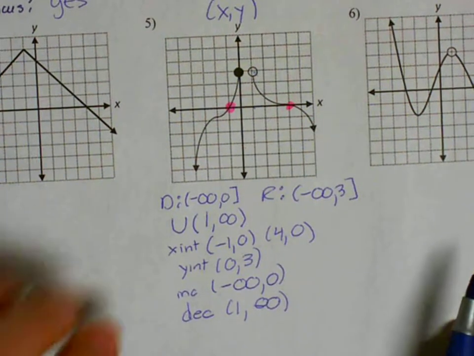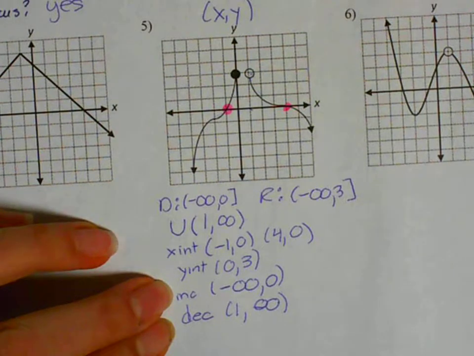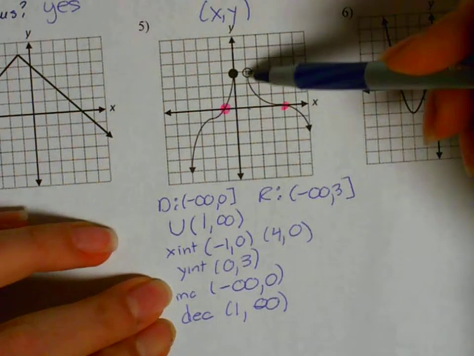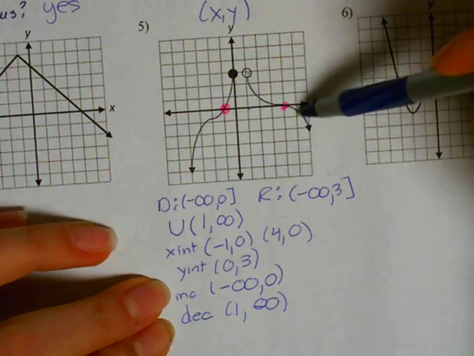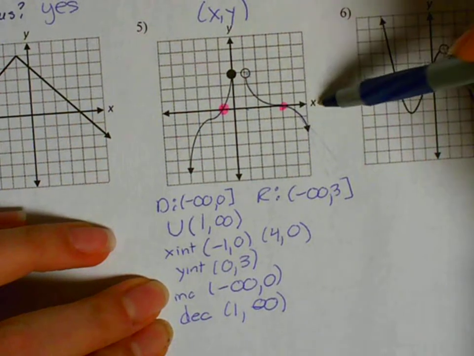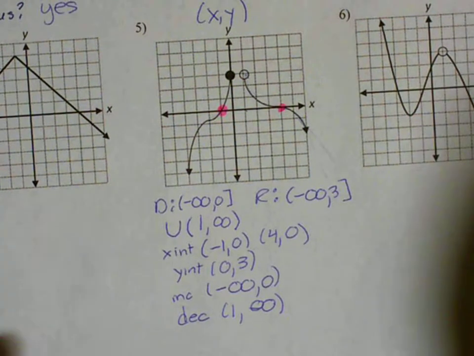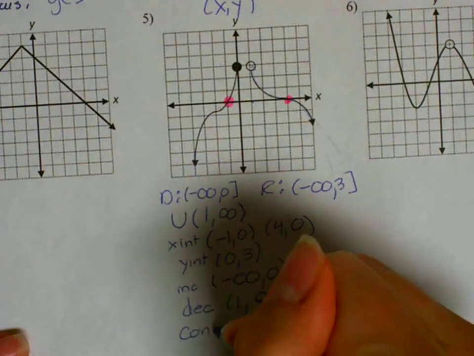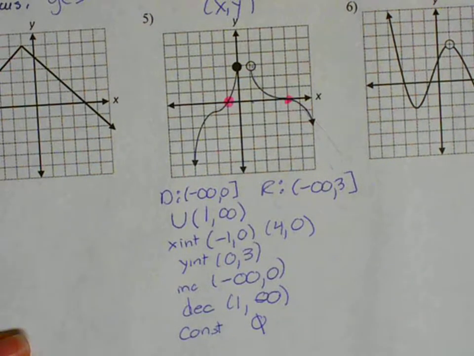And I almost forgot too as I was doing this, for increasing and decreasing, you're looking at your x values. So here, yes, it's going down, but it's also getting wider and wider, so my x's are going to keep getting bigger and bigger all the way to infinity. And I don't have any horizontal lines, so I don't have any constant intervals.